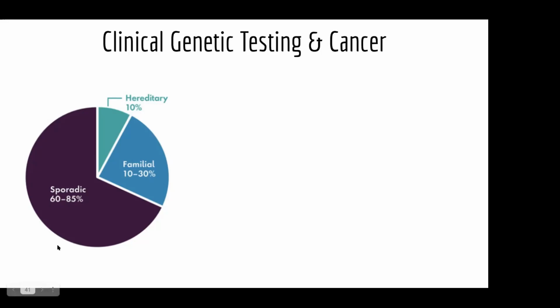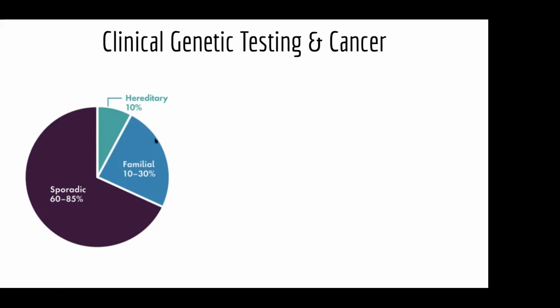But for clinical genetic testing in cancer, I told you that most cancers are due to somatic mutations, and they fall in this sporadic category. So anywhere from 60 to 85% of cancers are just from random life. Only 10% are heritable, meaning they have a germline mutation that you can pass down.